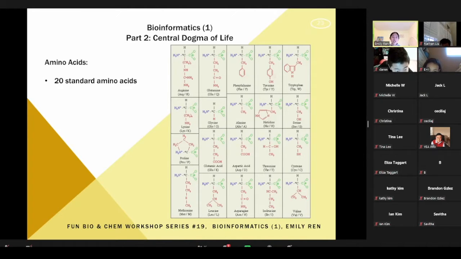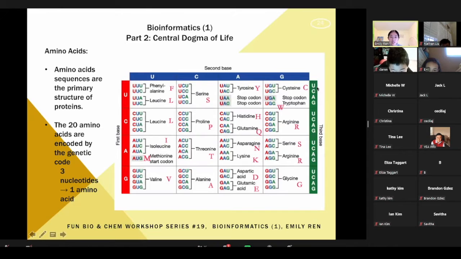So let's say you have a DNA segment, TAG. Then the RNA segment would be AUC. Then you would go onto the codon chart and find AUC. That's isoleucine, and that would be the amino acid that you form from the DNA and RNA segment.